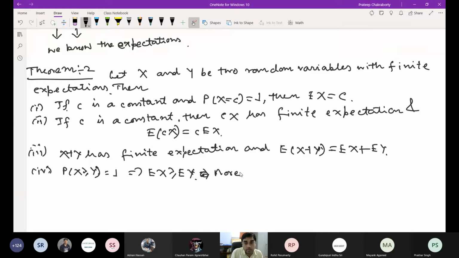Moreover, the similar stuff you will see in something called measure theory. Probably no one here is from my section from mathematics. In mathematics, we study something called measure theory. When you study measure theory, these things will become almost obvious.